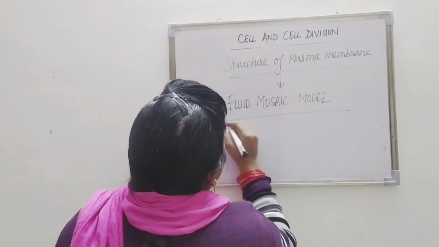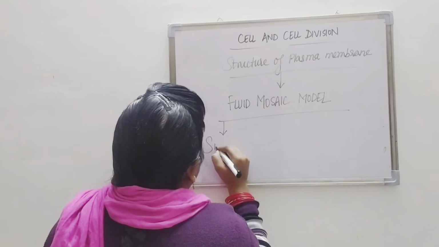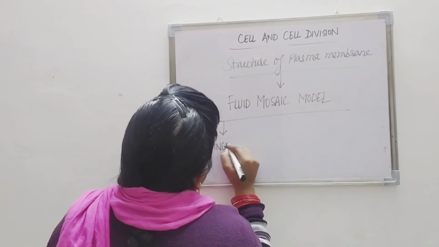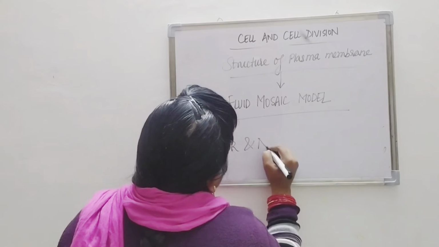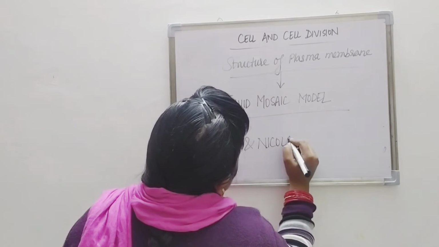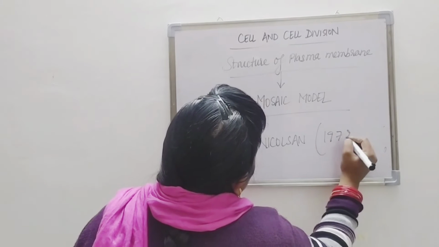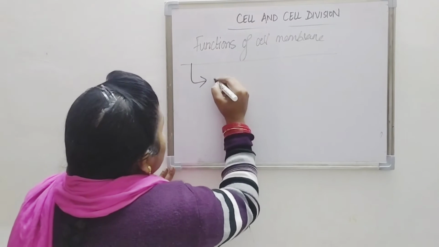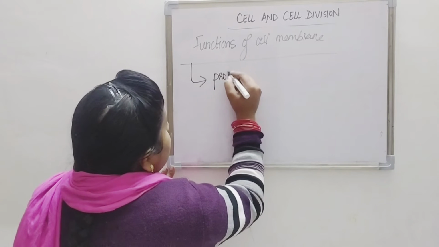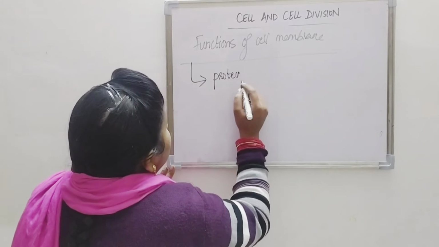This model was given by Singer and Nicholson in 1972. It provides protection to the cell membrane. It provides protection to the cell.